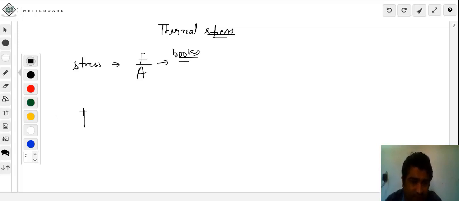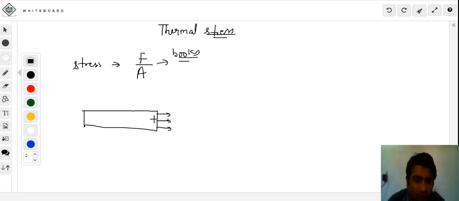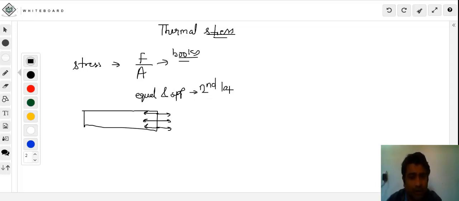The concept here is, if there is a rod and you apply an external force, initially an equal and opposite force will be generated in this rod, as per the third law.